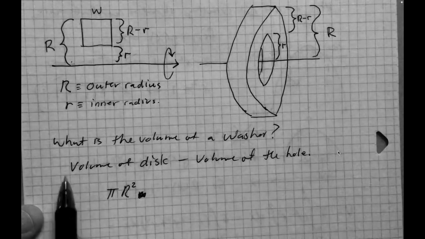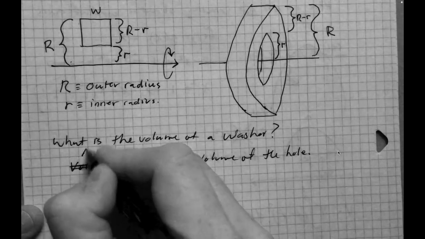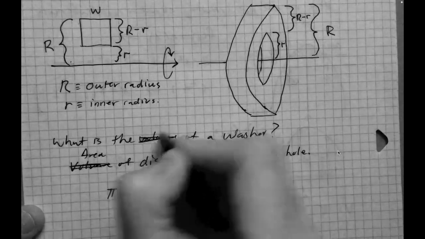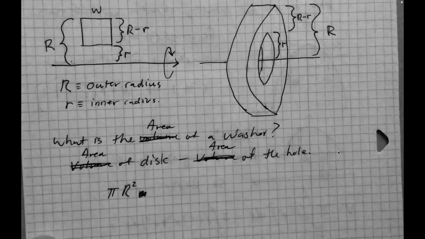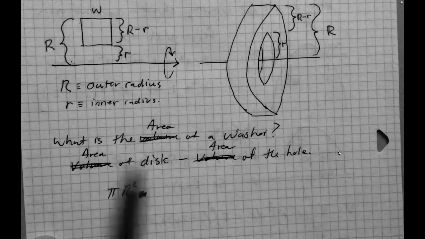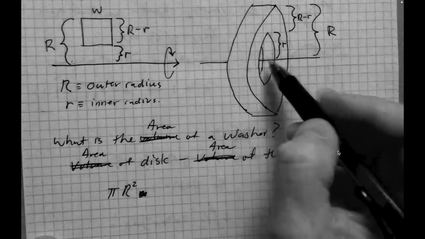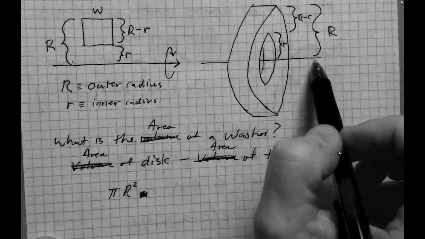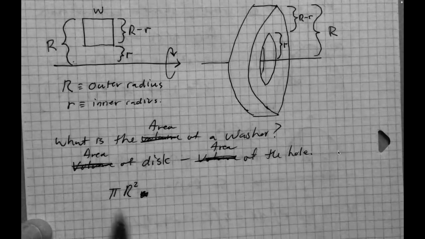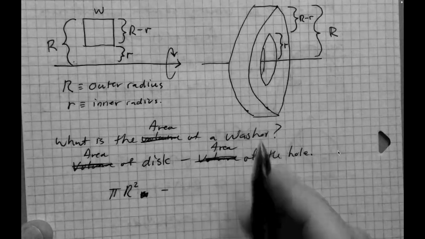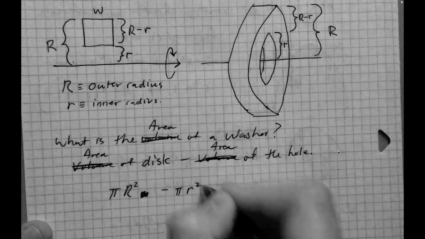Well, start with the area. Actually, I want to start with the area. The area would be found by taking pi times the radius squared, pi being the circular piece of it, and big R being the outer radius. So pi R squared minus the inner piece, pi times little r squared.